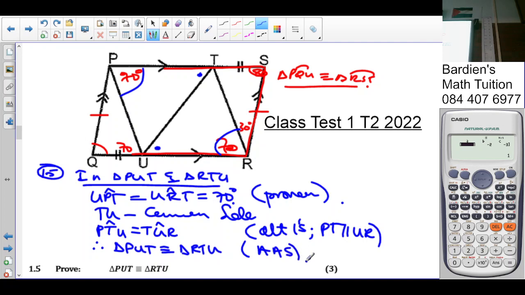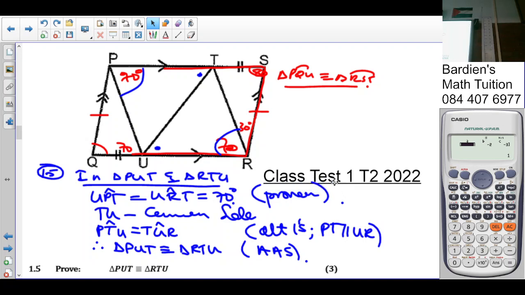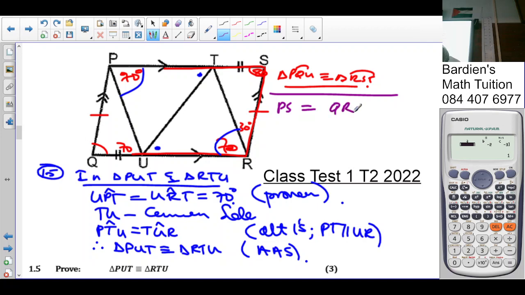The other way I could have done it was, you could have said that PS is equal to QR. Why?